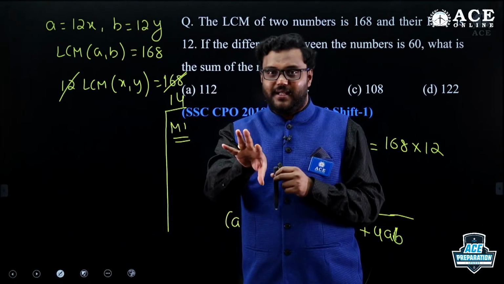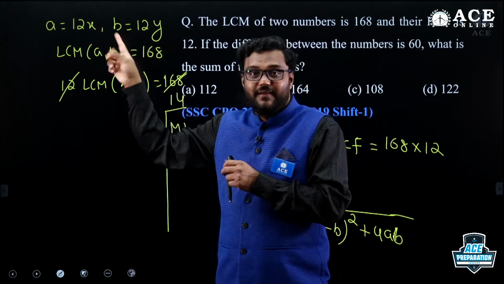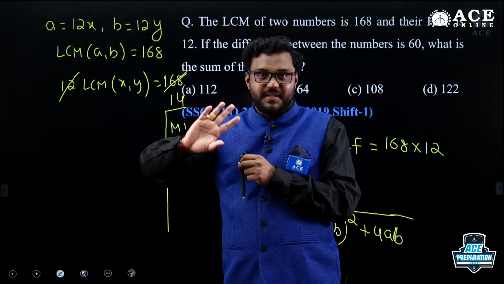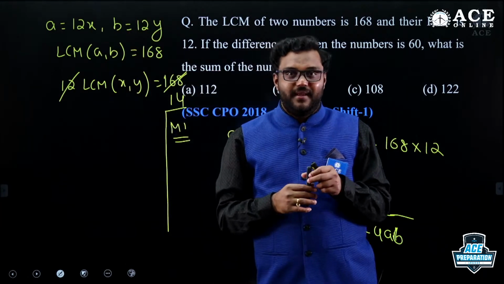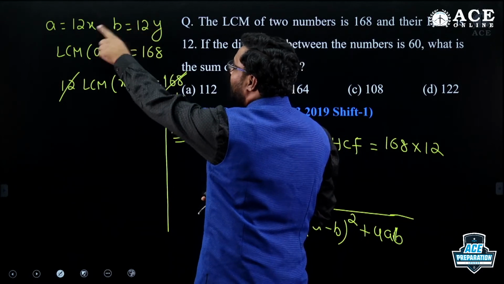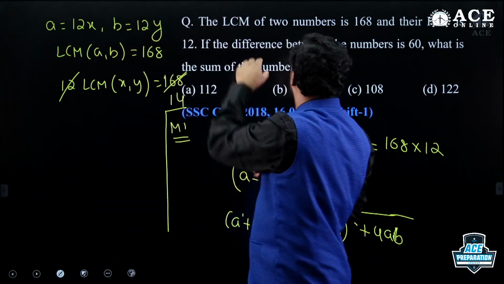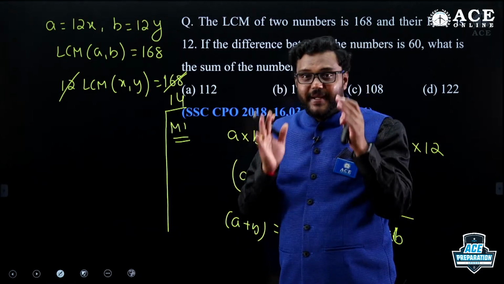Highest common factor is 12, so among x and y there are no common factors. HCF for x and y must and should be 1. Otherwise, what will happen? If x and y both are multiples of 2, then the HCF of the original numbers would be 24. So you just focus, my dear friends.